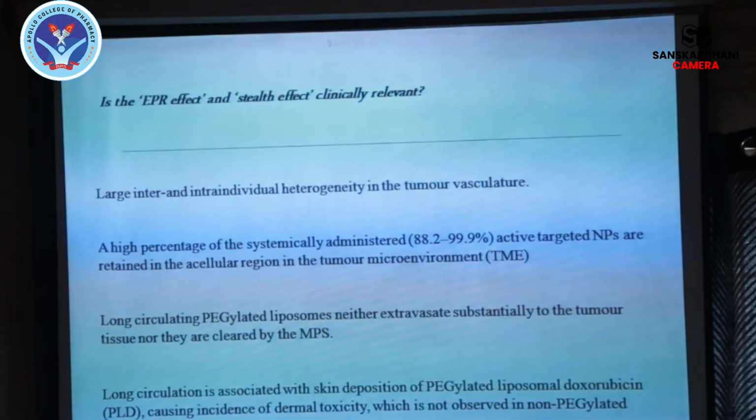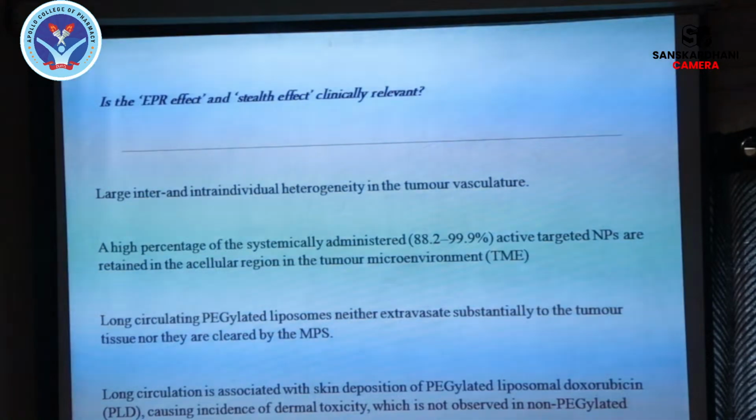I told you that the EPR effect is due to the permeability of the drug into the cancer tissues. This EPR effect is not consistent. For some cancers the EPR effect may be enhanced, but in some cancers like pancreatic cancer, there is a lot of extracellular matrix and the EPR effect really doesn't work. So the EPR effect is limited to certain types of cancer like breast cancer, in which the liposome may work.